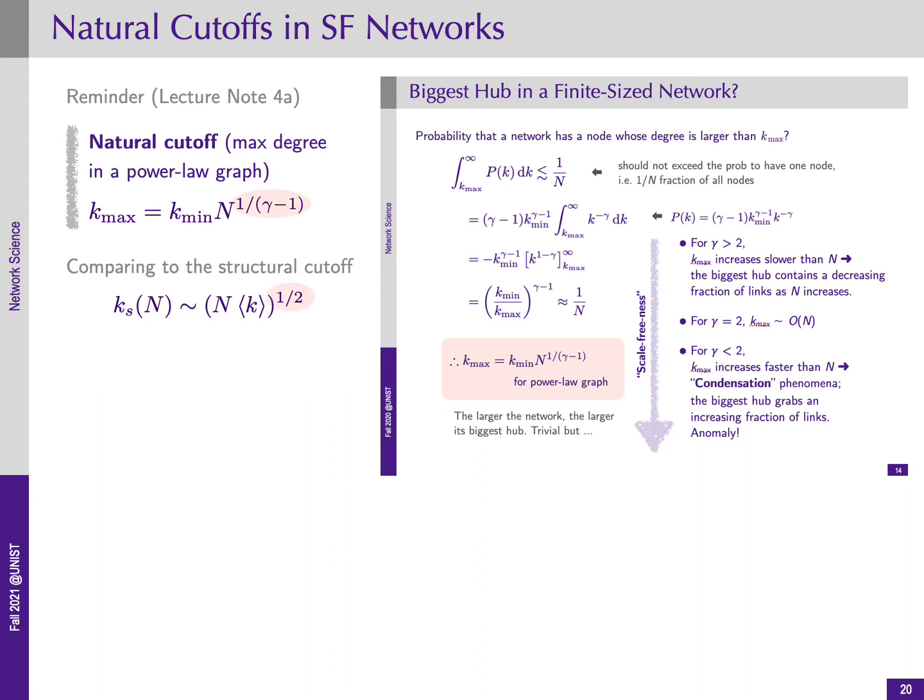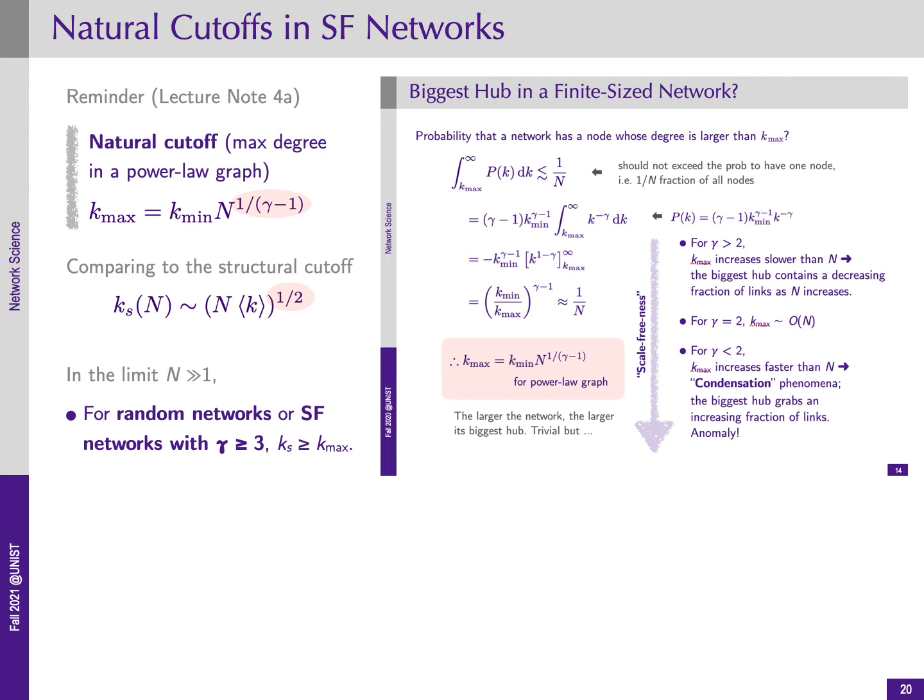Okay, so in large scale networks where the number of nodes is much larger than 1, especially for the degree exponent gamma higher than 3, Ks is simply larger than or equal to K max. So you don't have to worry.